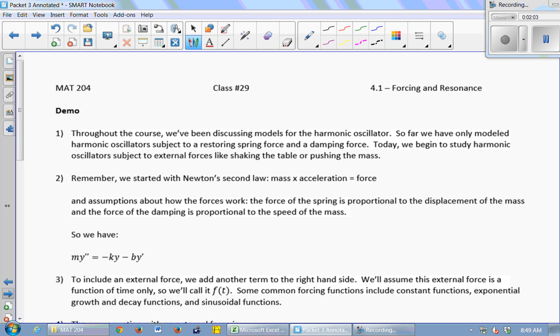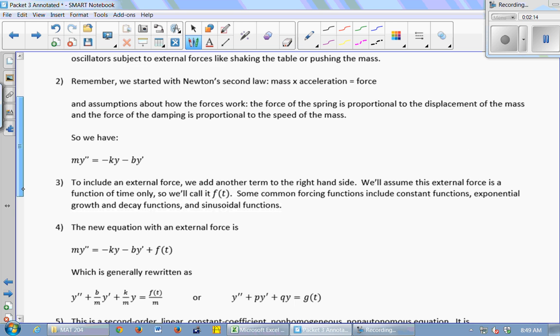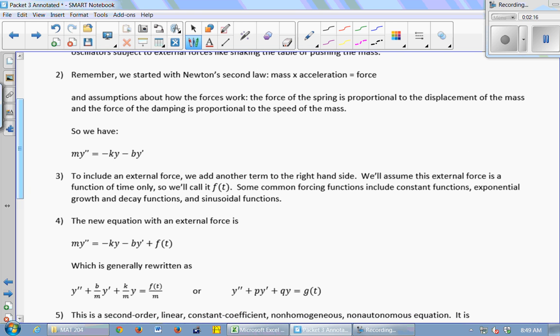Okay, so remember we started with Newton's second law, force equals mass times acceleration. That's how we developed the model for the harmonic oscillator. And we had some assumptions about how our forces work. We said the force of a spring is always going to be proportional to the displacement of the mass, and displacement we're measuring with y.